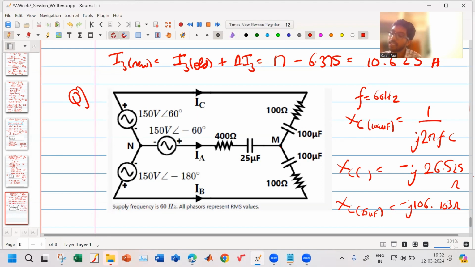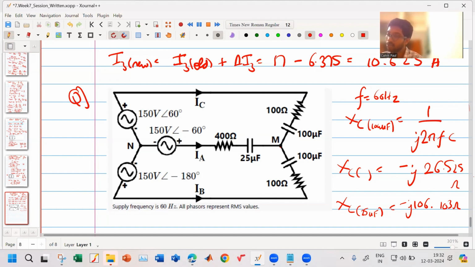So if you look at this circuit, will it be better to do mesh analysis or nodal analysis? Nodal analysis, sir. Why? Because nodal analysis is somewhat easy, sir. Not always. Sir, we have only 2 nodes.